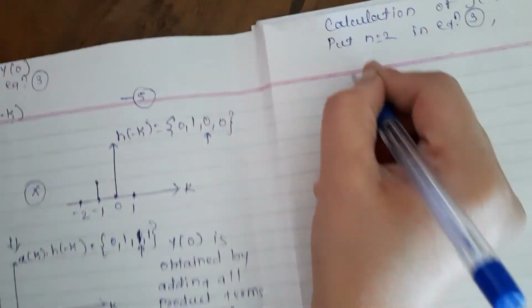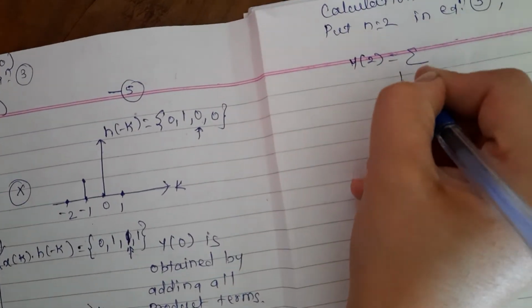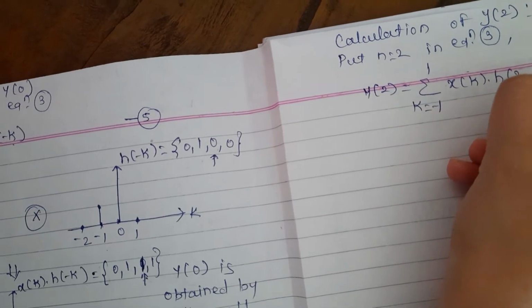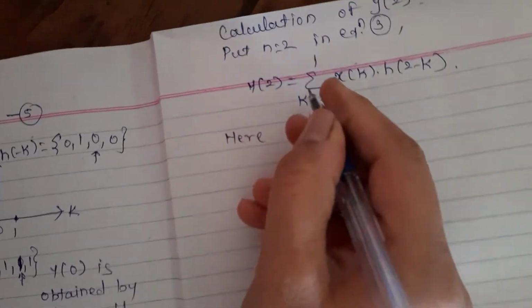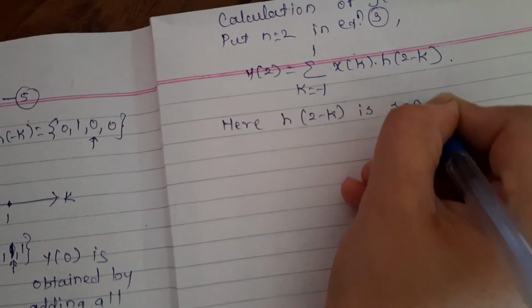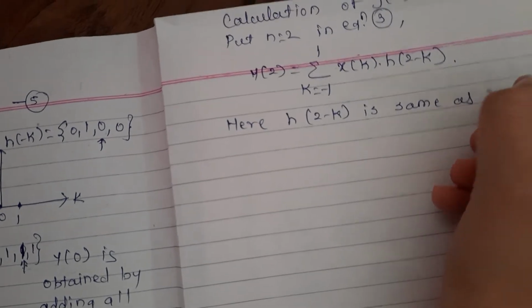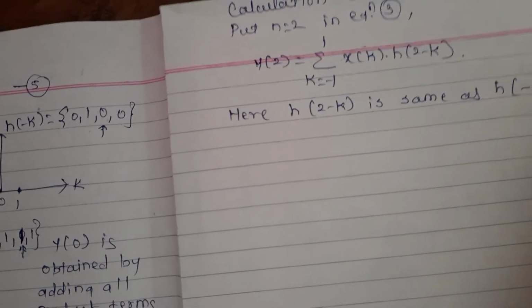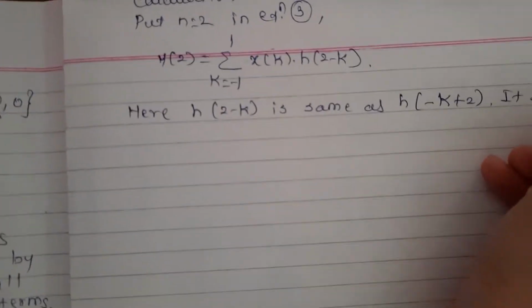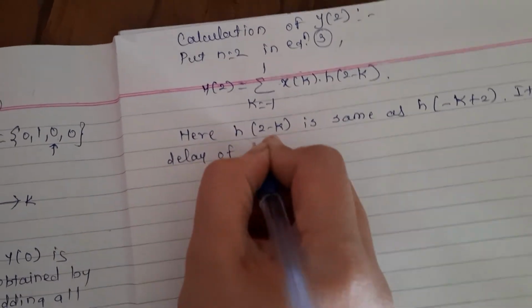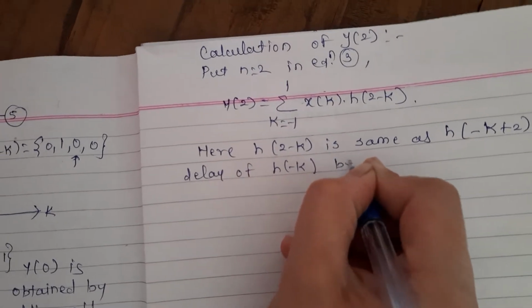So it becomes y of 2 is equal to summation, now here h of 2 minus k is same as h of minus k plus 2, and it shows delay of h of minus k by 2 samples.